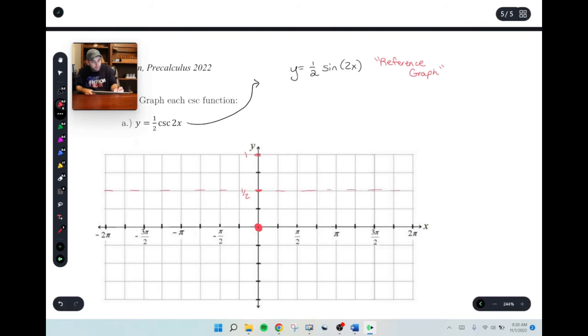You don't have to, but I like to. So that's negative 1/2. It helped me know how tall and how short my sine wave would go. And then the 2 was a horizontal compression, which turned it into 2 pi over 2, which just meant pi. Pi is our full wave. So it means I have to get back to myself at pi. So that gives me my sine wave.